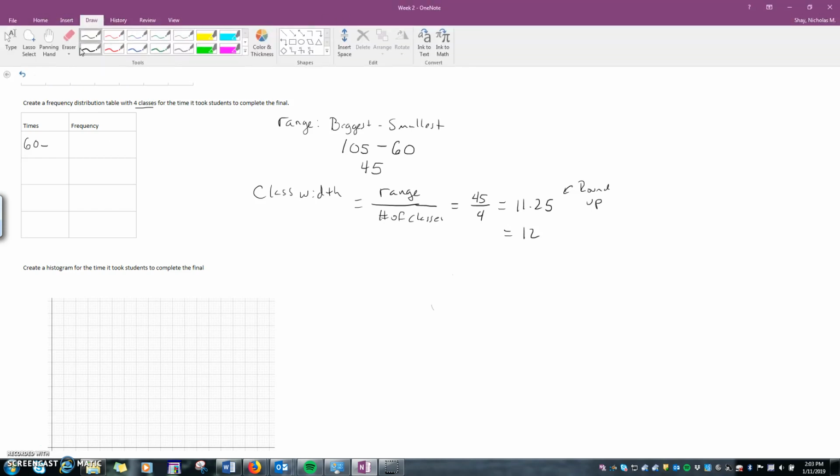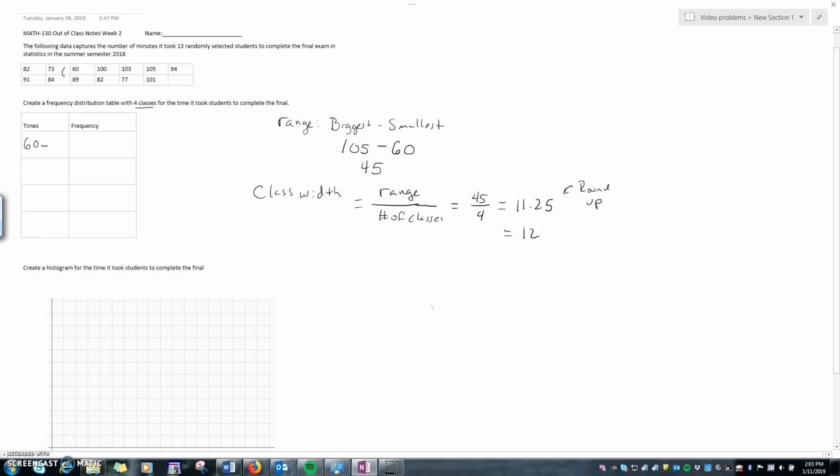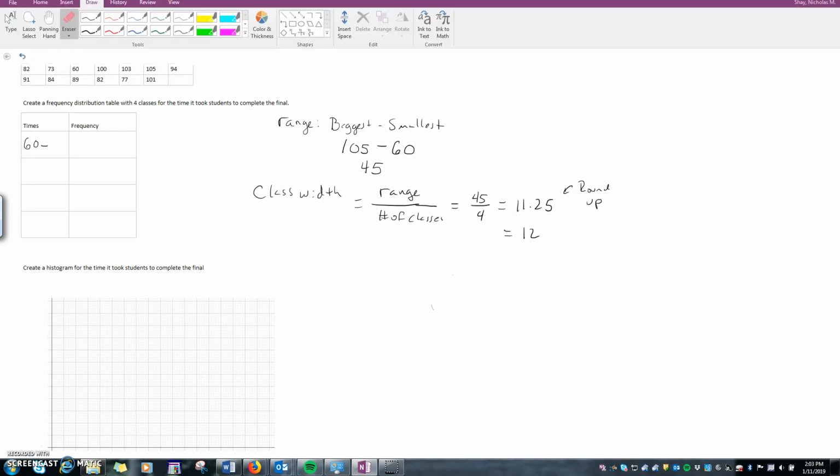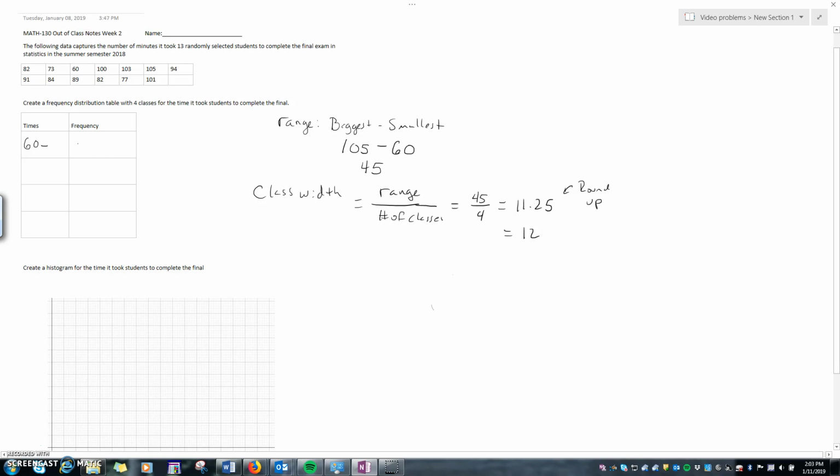All right, let me erase a couple things real quick. So I'm going to get rid of this stuff right here. And then we're going to be counting by 12s.